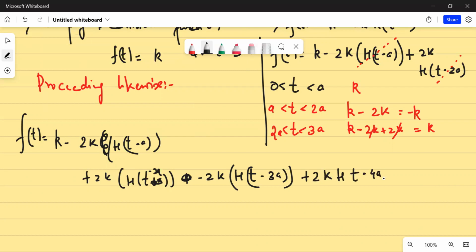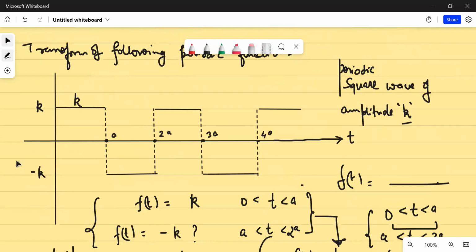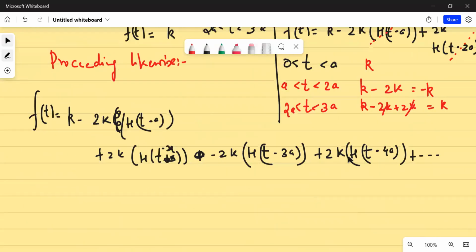Is that clear or not clear? Did you understand this? If you want to represent this whole waveform mathematically in terms of unit step function, this is one of the ways in which you can express it.